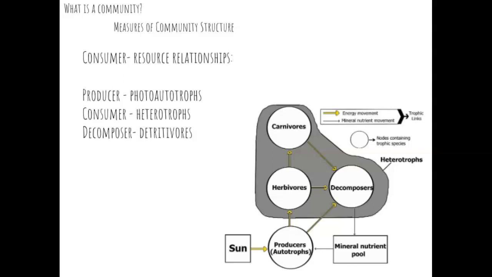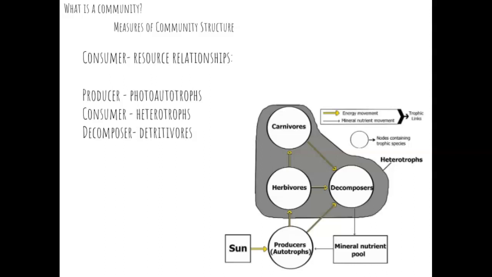Consumers are things that eat producers, and we also call these heterotrophs because they don't make their own food, they're eating something else. Decomposers get their energy by decomposing the dead material from living organisms, and we call these detritivores.